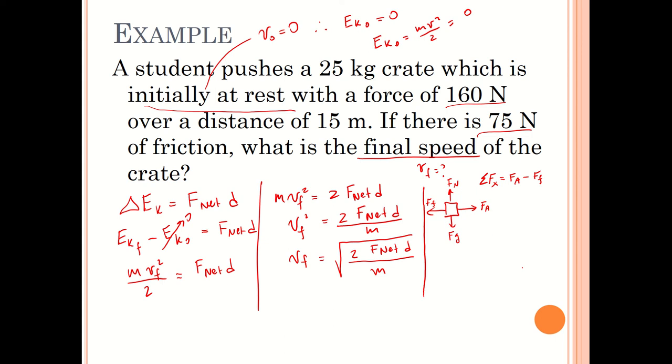So then we know that this is going to be plugged in here when we do our F net. So in this case, we have 160 minus 75 newtons, and this equals 85. Okay, so our F net, our MA here, is going to equal 85 newtons.